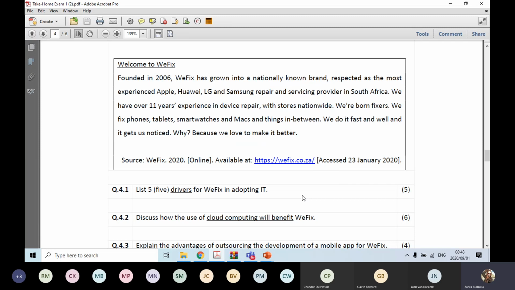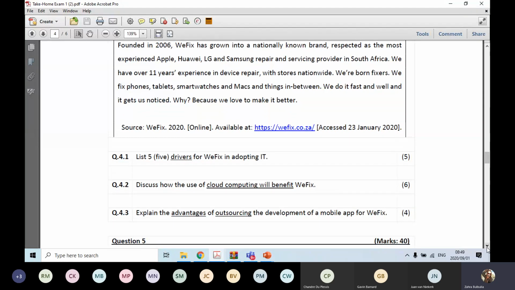That's their website. So list 5 drivers for WeFix adopting IT, and we just went through the drivers for IT in terms of alignment in the slide I just showed you. Discuss how use of cloud computing would benefit WeFix.